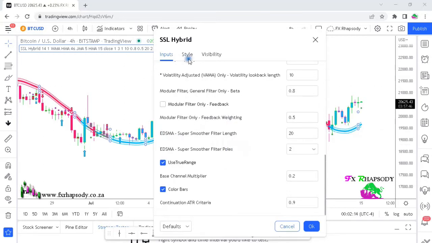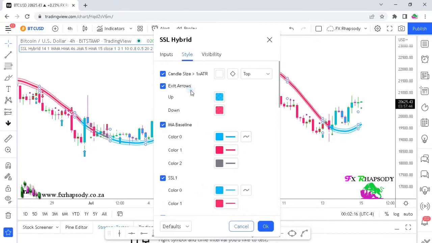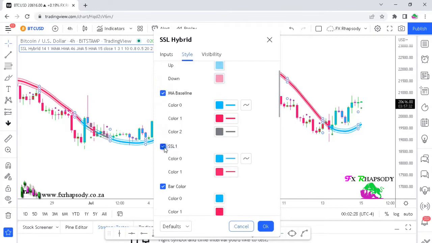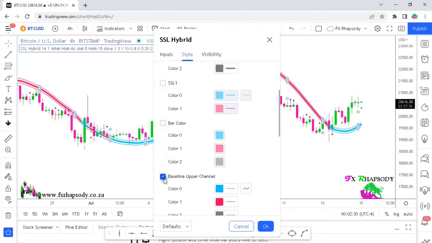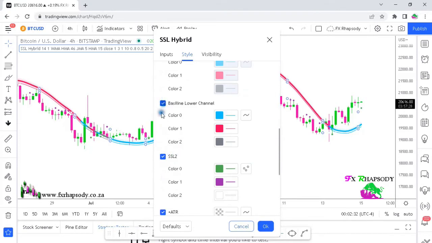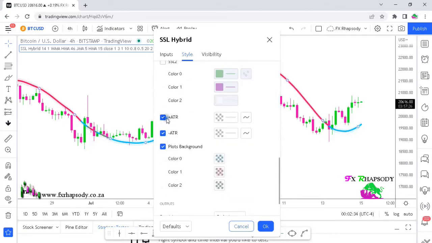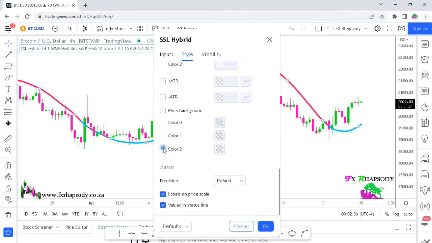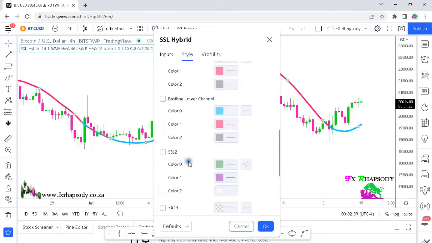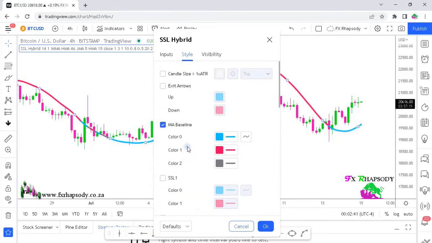And then also, now we're looking at the style. The style is going to be your preference, guys, depending on what colors you want on the chart. I'm going to take out all the extra info of this indicator, deselect everything except the only one we're going to keep, which is the baseline.